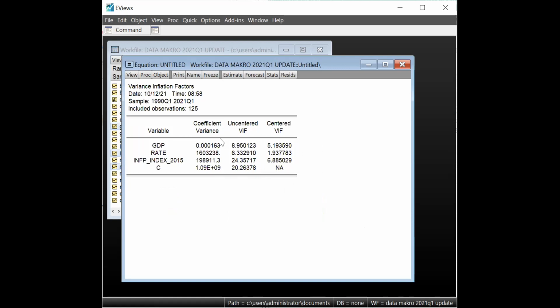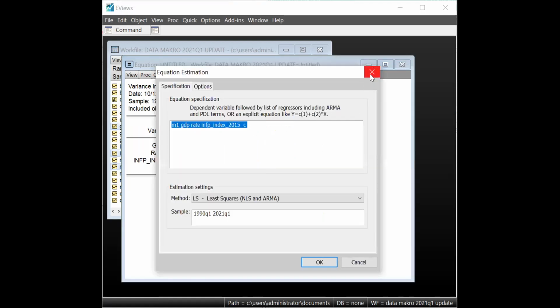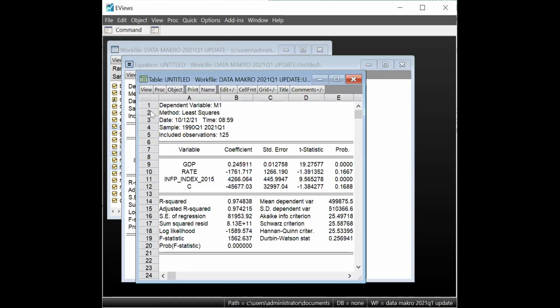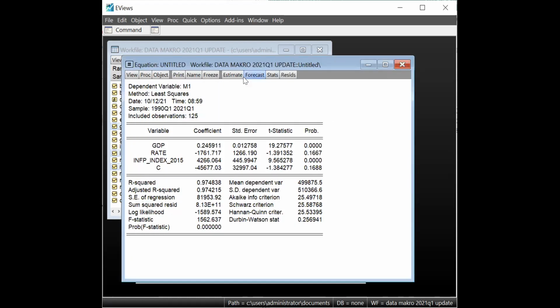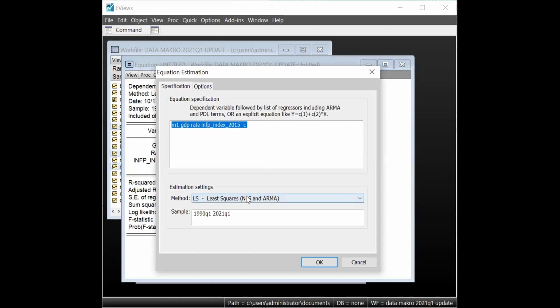We have the variance inflation factor for GDP here, 5 point something, inflation rate something. And we can also run our data here. We estimate. Let me freeze this one. Now we estimate the variable here.